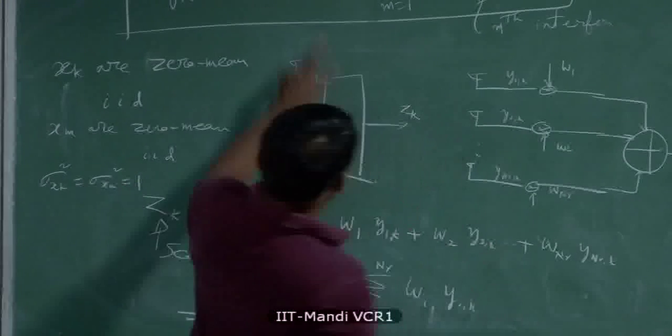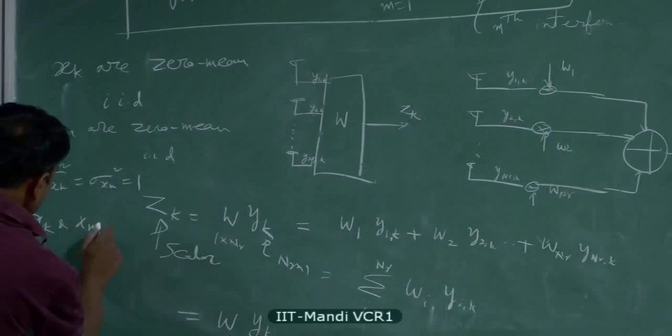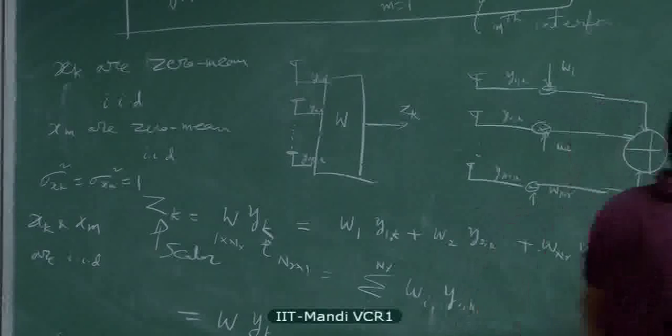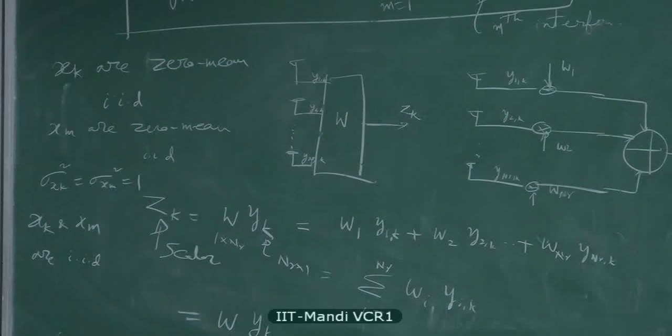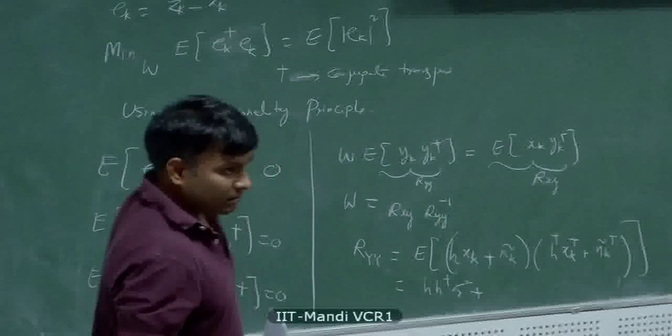And xk and xm are also statistically independent of each other, or IID. That is, we are sending different data on different transmitters. When you say interference, by definition, it means different data. Otherwise, you don't call it interference. And the expected value of xk Hermitian is sigma x square, that will be unity.